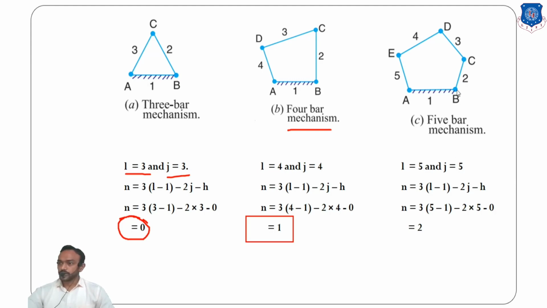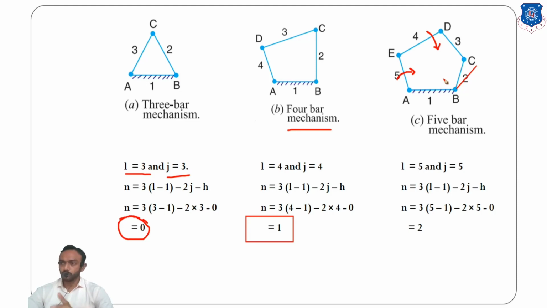Degree of freedom 2 means, if we want the output of link number 2 to be in this position, how many inputs are required? You have to move this link in this direction, and also one of these 2 links has to be moved in a particular direction.